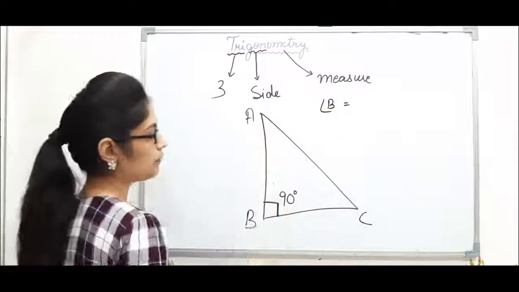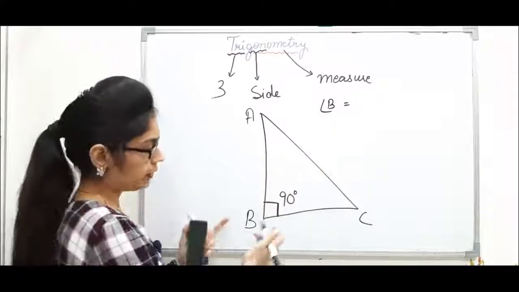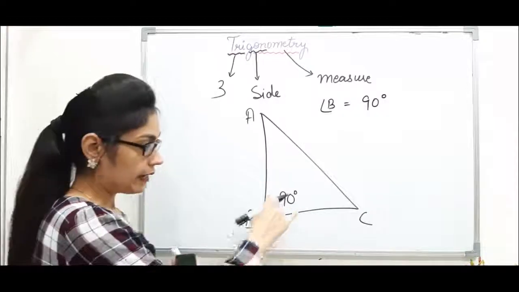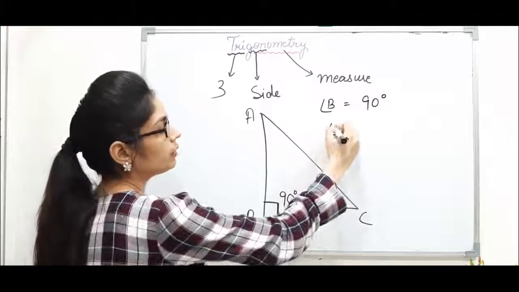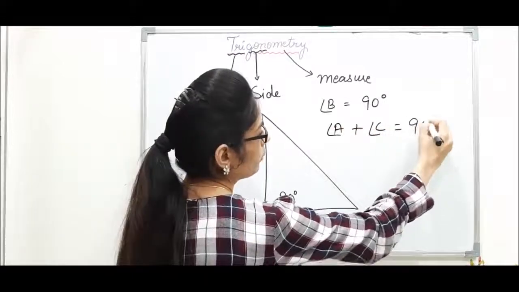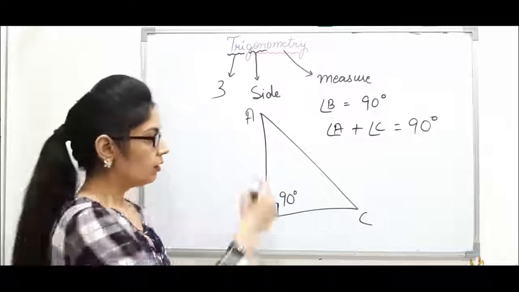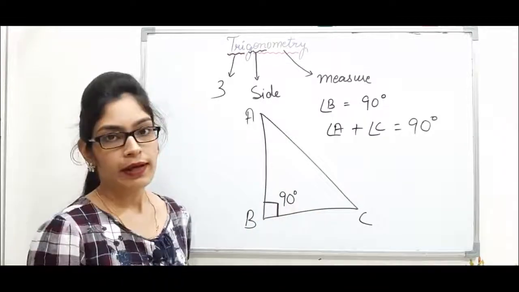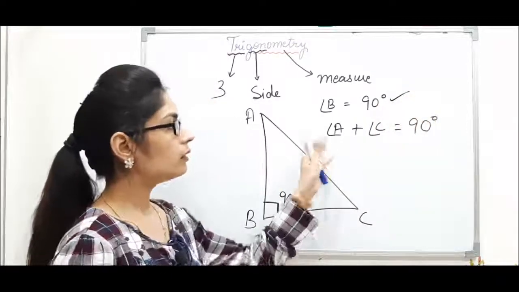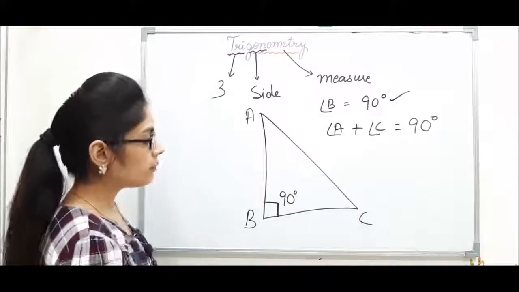You can also name it angle A, B, C, or directly write angle B. One angle will be 90 degrees and the other two angles, angle A and angle C, their sum is equal to 90 degrees. Because we all know the sum of all the angles of a triangle is always 180 degrees. So if one angle is 90 degrees, the other two angles' sum will be 90 degrees. This is the one thing.